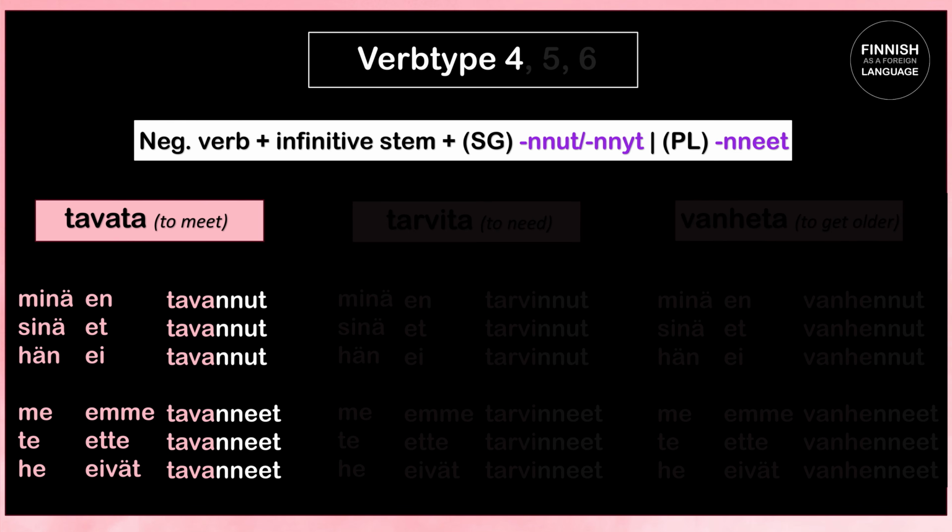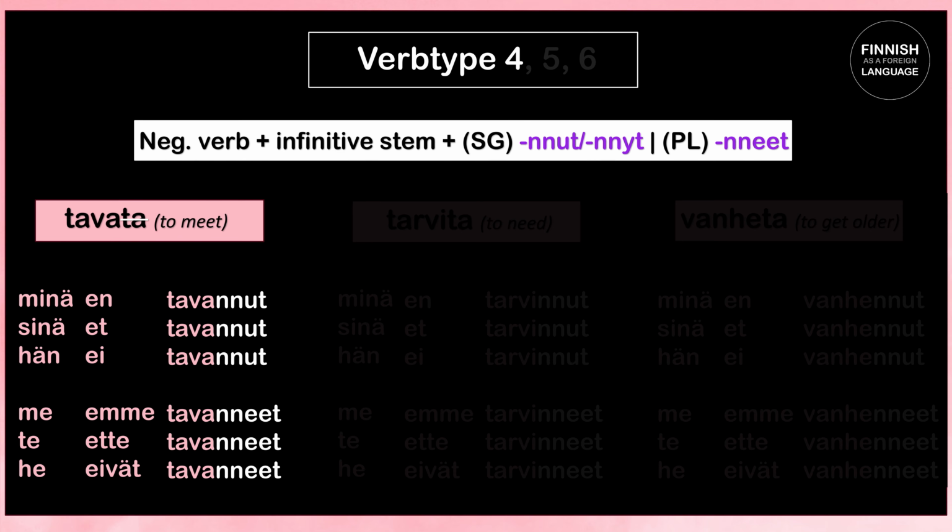Our example for verb type 4 is tavata, which means to meet. Our verb stem here is tava, so to tava we add the endings. Minä en tavannut, I didn't meet. Sinä et tavannut, you didn't meet. Hän ei tavannut, he or she didn't meet. The plural forms.